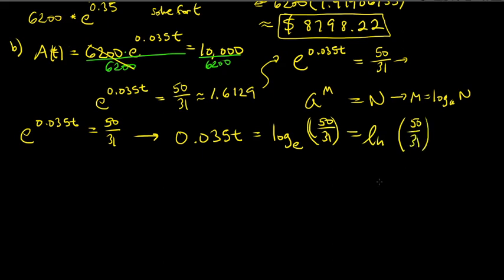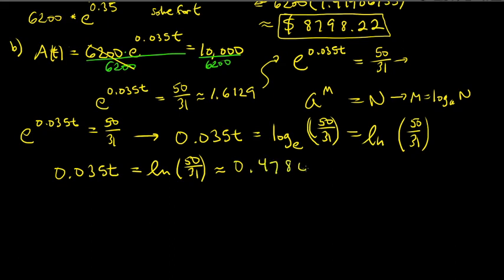So you can just do that on your calculator. We have 0.035t is equal to the natural log of 50 over 31, which is approximately 0.478036.